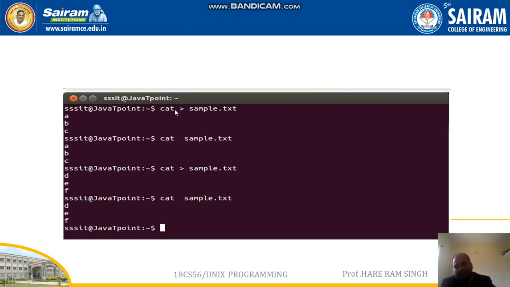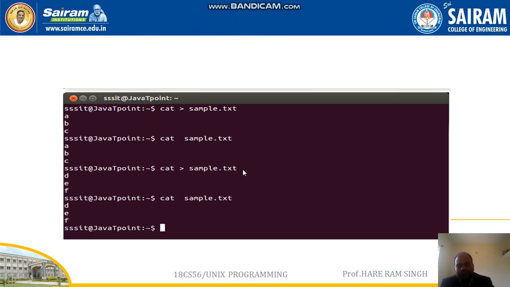Now some more examples you can see. Cat redirected to sample.txt, and whatever we write, ABC, has been shifted to sample.txt. Next, cat sample.txt to display the content of sample.txt. It is ABC. Cat angular bracket sample.txt, again I am writing DEF.